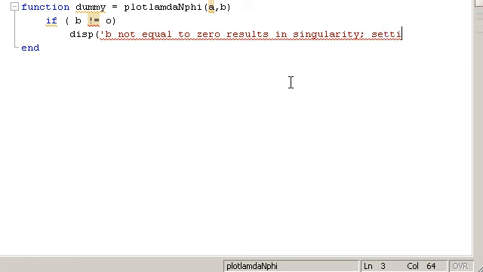If so, I don't really actually have to set b equals 0, but mathematically we are setting b is equal to 0 by ignoring it in our expressions.